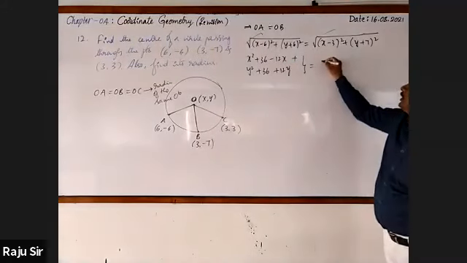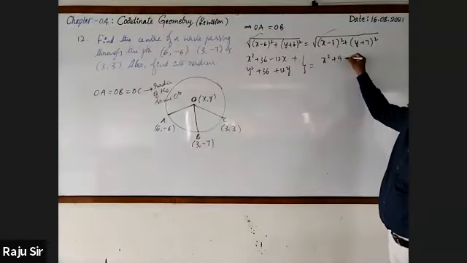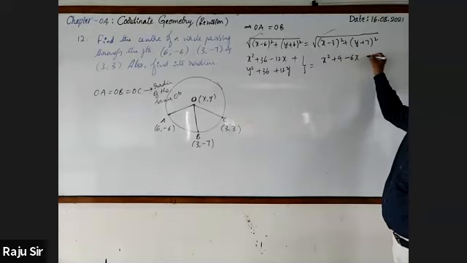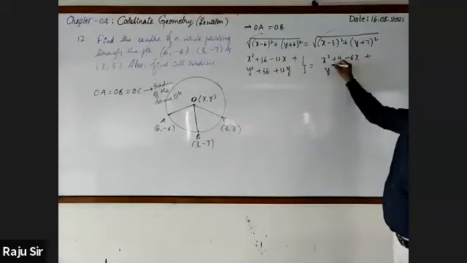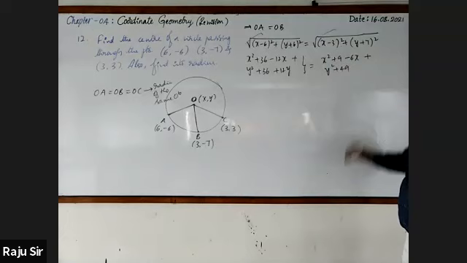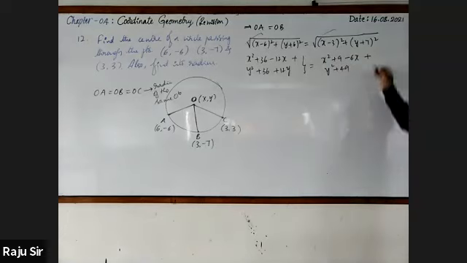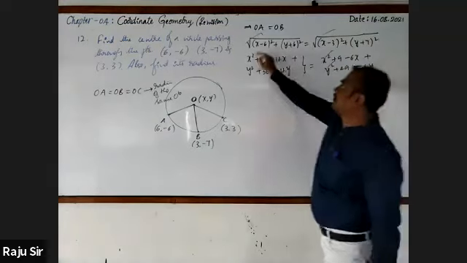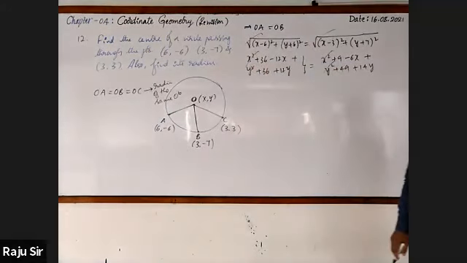It's equal to x square plus 9 minus 6x plus y square plus 49 plus 14y. X square, y square cancel.